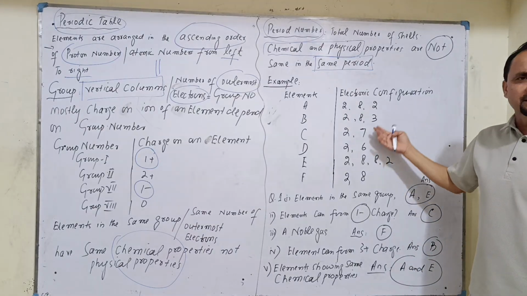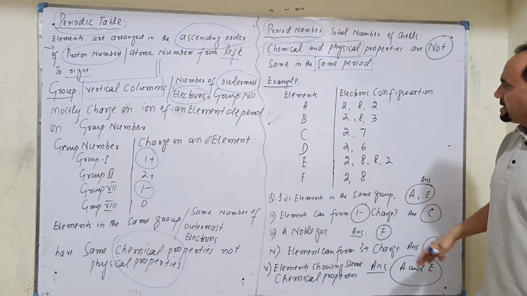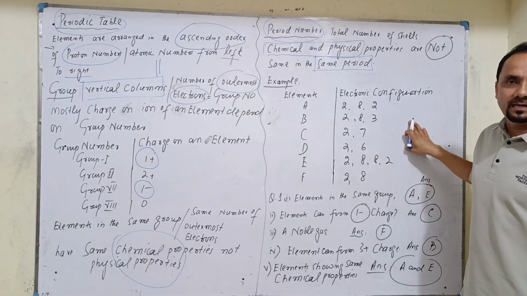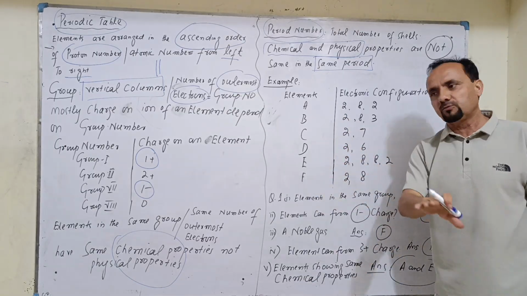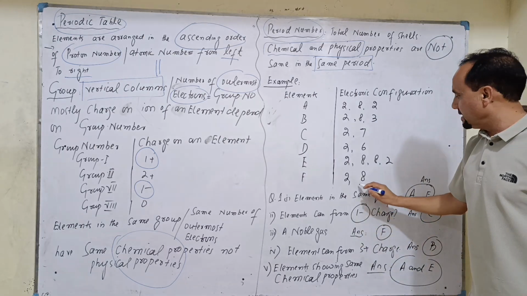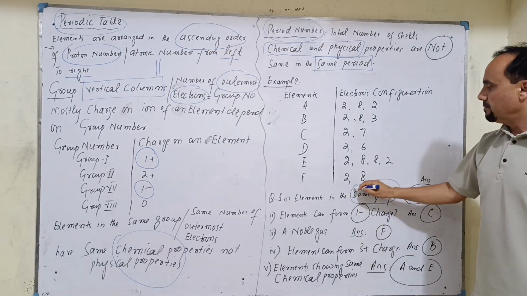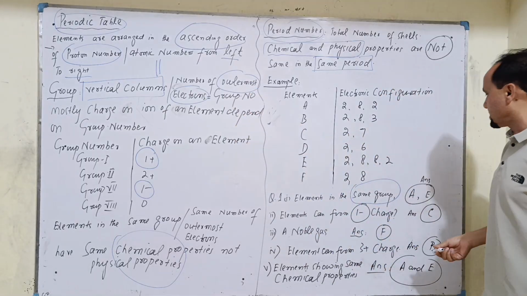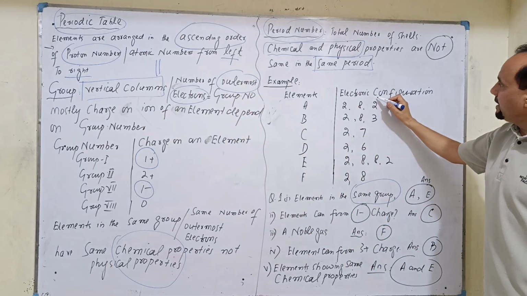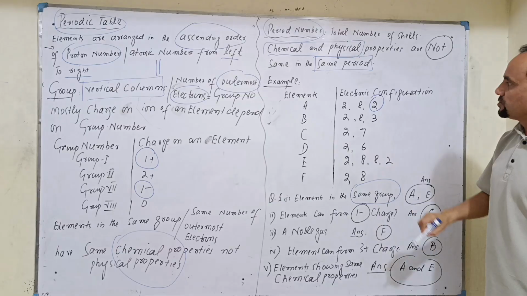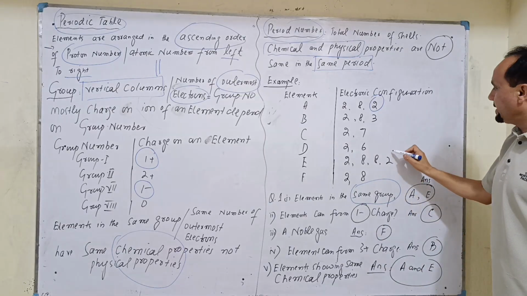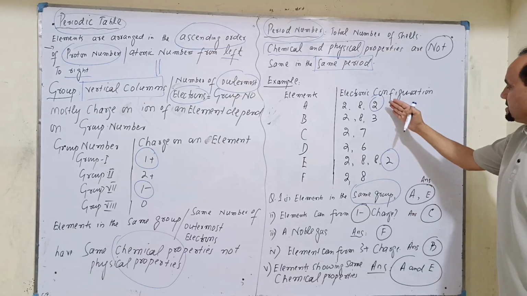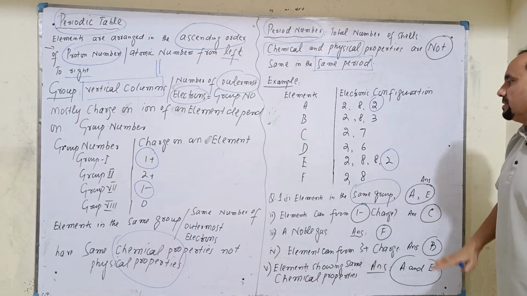Now you can see these types of questions in the chemistry paper. For example, a list is given, there are some elements, their electronic configuration is given, and these are the questions. Elements in the same group, what is the hint? They must have the same outermost electrons. So if you look at element A, it has 2 electrons in the valence shell, and element E also has 2 electrons in the valence shell, so they are in the same group.